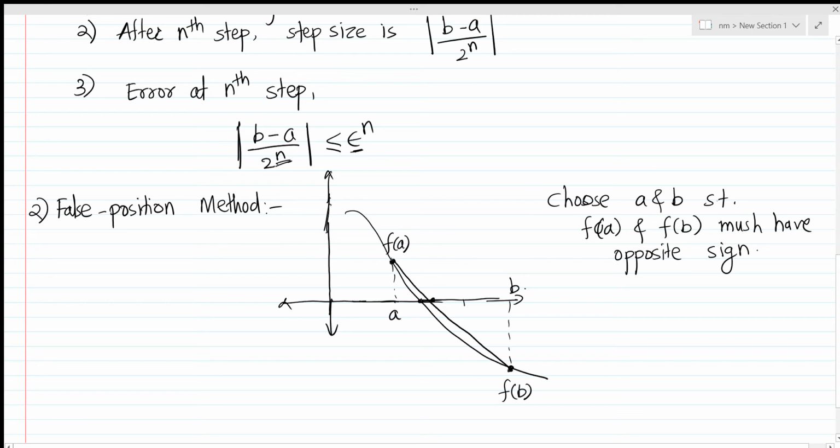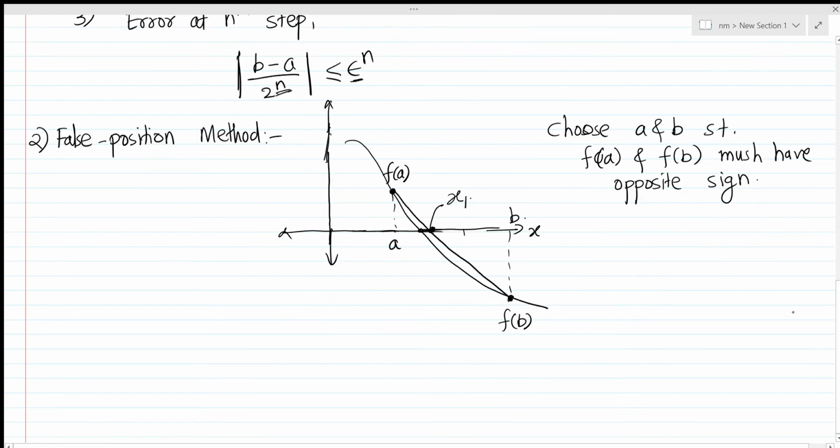After that we connect the 2 points, and the line intersects the x-axis. That point is our next value update for the root.